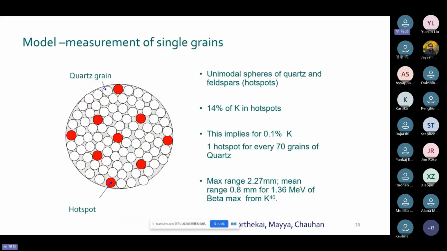Now, for example, in the case of single grain, we ended up with a large scatter of grains, which should not have been the case because the samples were from deserts. And we realized that the scatter comes from the fact that the potassium in a soil comes from a few grains of potassium feldspar, which have 14%. So you have, in a matrix, hotspots of 14% potassium emitting beta particles. And depending on a quartz grain being near to it or away from it, it will have a smaller or higher complement of dose rate.